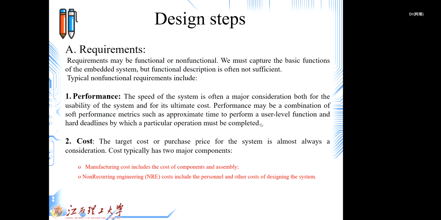We should know that performance may be a combination of soft performance metrics, such as the approximate time to perform a user-level function, and hard deadlines by which a particular operation must be completed.